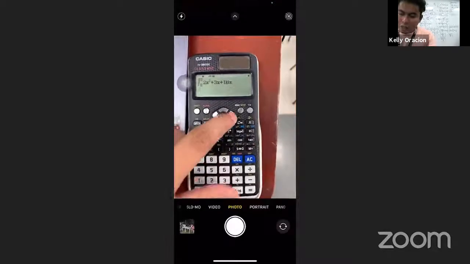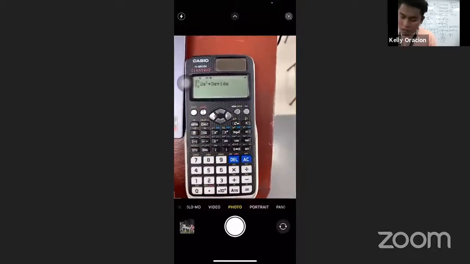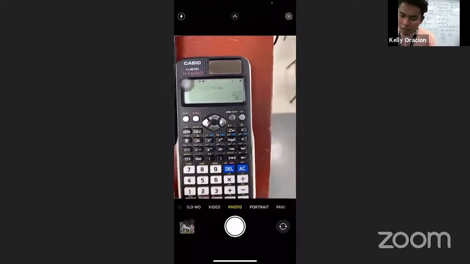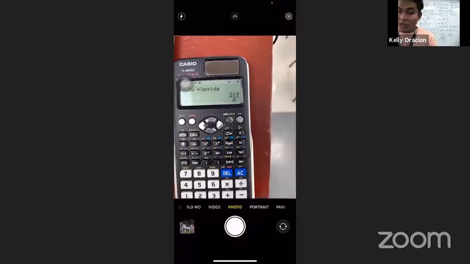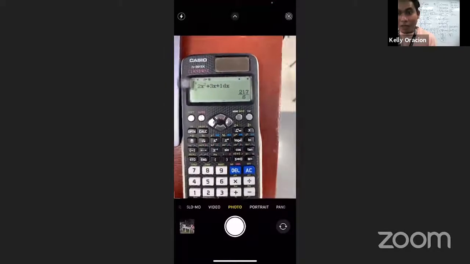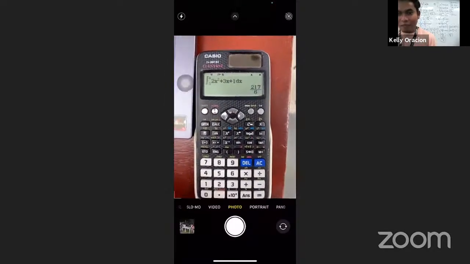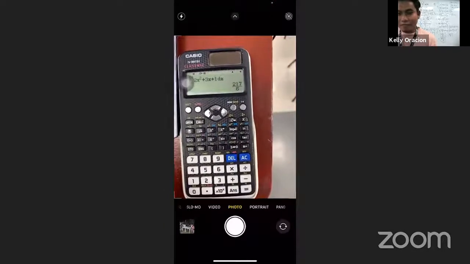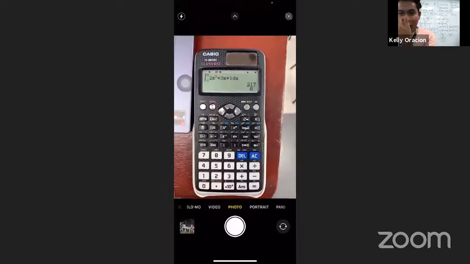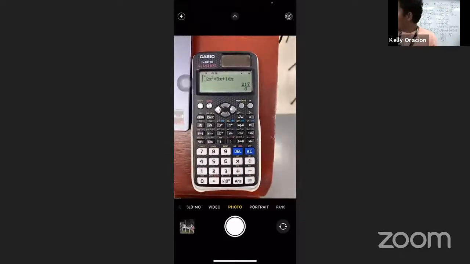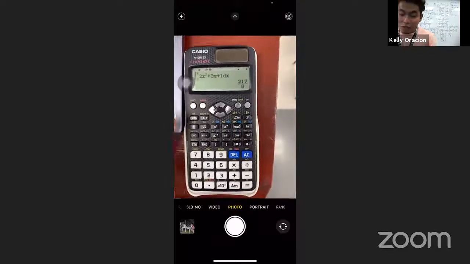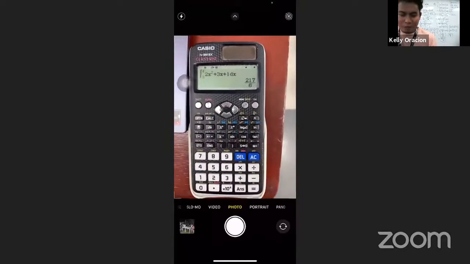Okay? The lower limit is 3. The upper limit is 4. The answer is 217 over 6. See? You can skip solving. Just calculate if it is like this. Amazing. Okay? So, you solve items number 2 and 3 on your own. You recheck if they are correct. So, use the calculator.